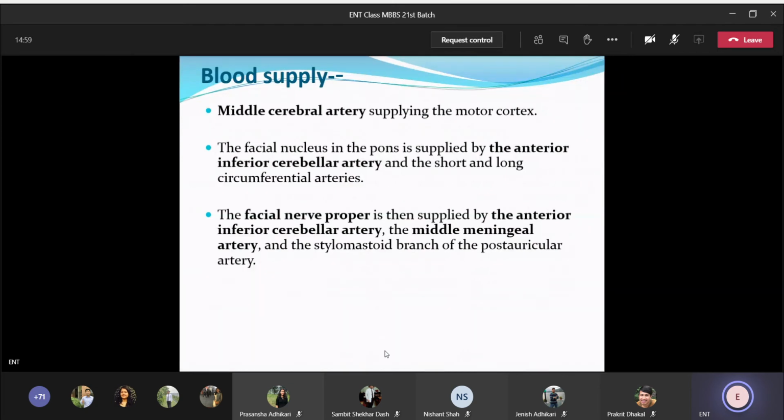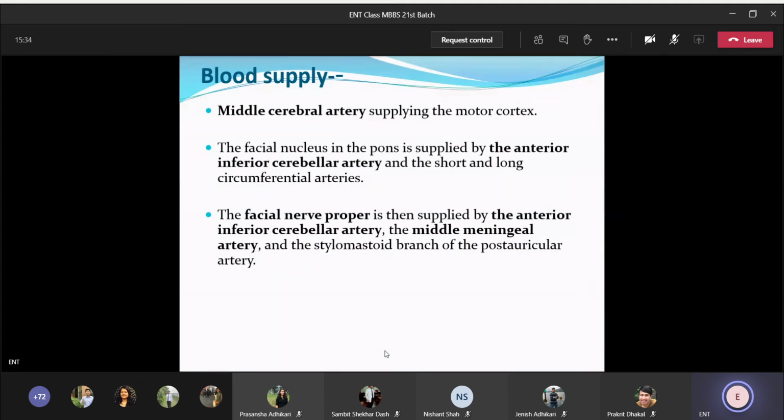So blood supply of the facial nerve: there is a different blood supply in different segments of the facial nerve. The middle cerebral artery supplies the motor cortex. The facial nucleus in the pons is supplied by the anterior inferior cerebellar artery. And the facial nerve proper is then supplied by the anterior inferior cerebellar artery, the middle meningeal artery, and the stylomastoid branch of the posterior auricular artery.